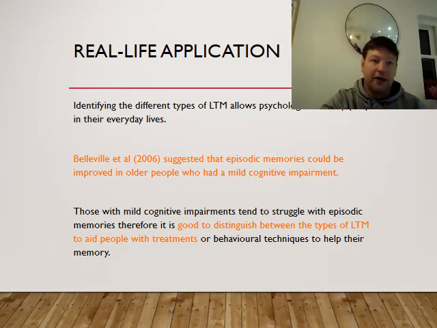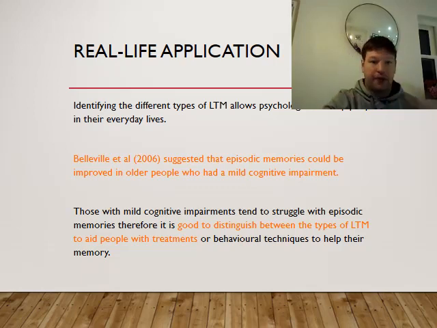And if there is that, then you can call it a real-life application. So in this case, somebody's used it to improve older people's cognitive impairment. Those with mild cognitive impairments tend to struggle with episodic memories. Therefore, it's good to distinguish between these types of LTM to aid people with treatments or behavioural techniques. So it's not saying let's just improve your long-term memory, it's saying we can help improve this particular smaller part of long-term memory.